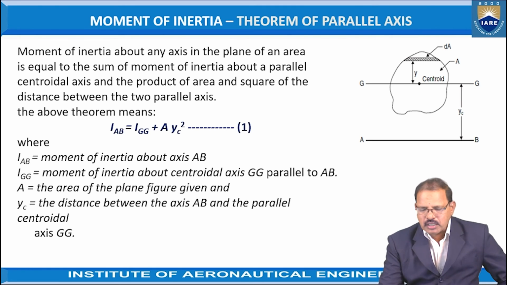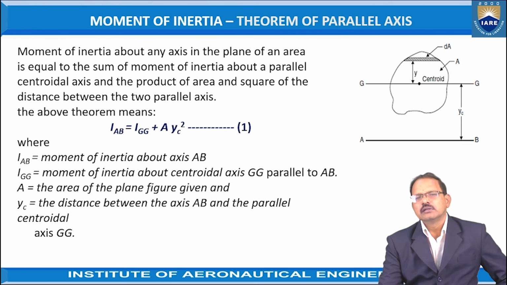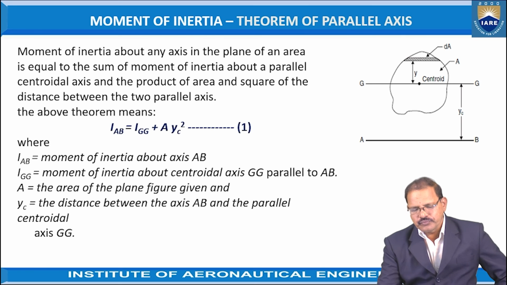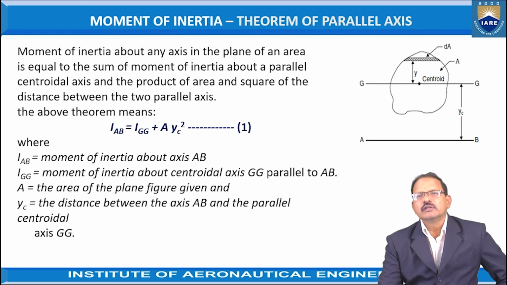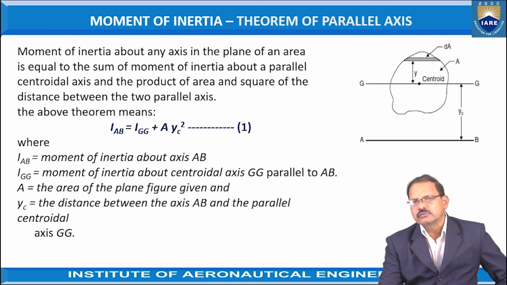This is also important terminology to determine the moment of inertia with respect to an axis which is far away from the center. According to this theorem, IAB is equal to IGG plus A yc square.